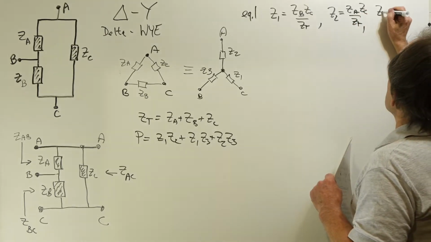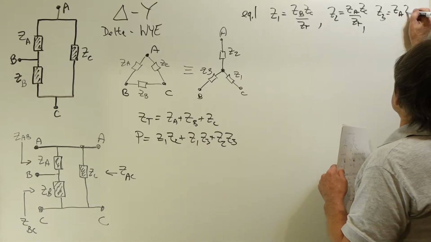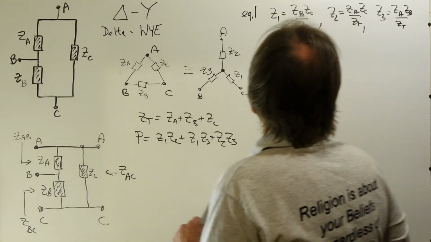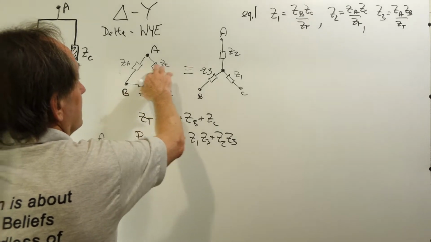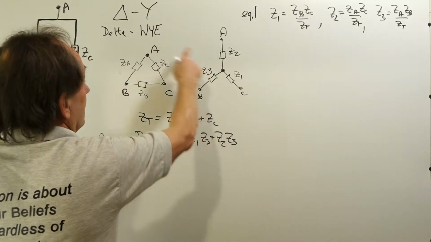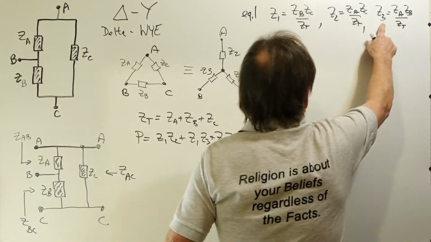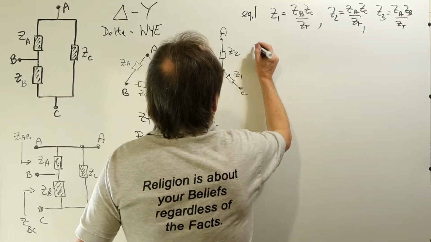And Z3 is ZA ZB over ZT. This is the transformation to go from delta to Y. We take our element values A, B, and C, and we compute what Z1, Z2, Z3 need to be to make the networks equivalent.